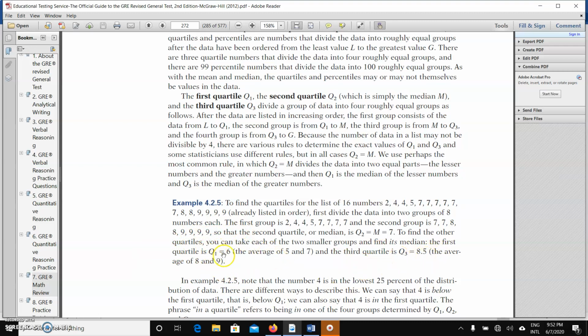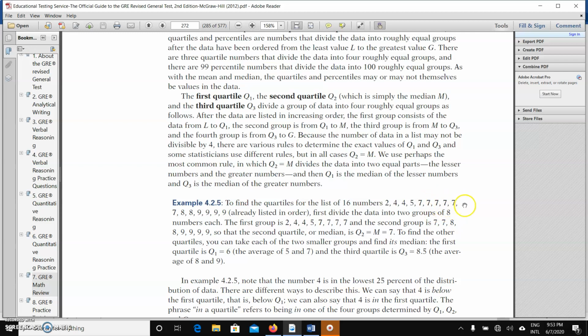So we now have our Q1 to be 6, Q2 to be the middle number, and Q3 to be 8.5. Now I want to make it more clear. Let's say when we divide the two groups, we have this long data. Let's say instead of 16 numbers, you have 15 numbers. You just have to count the half of 15.